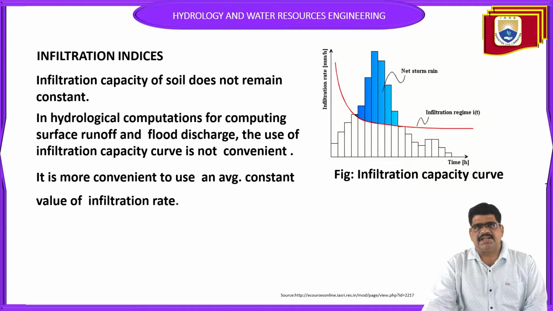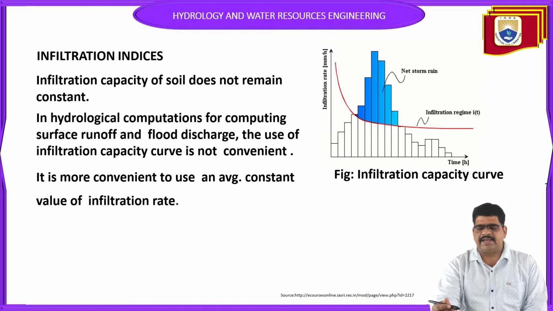Infiltration capacity indicates the capacity of the soil, which does not remain constant in absorbing infiltration. For hydrological computations, such as computing the surface runoff as well as the flood discharge, using infiltration capacity curves is not convenient.